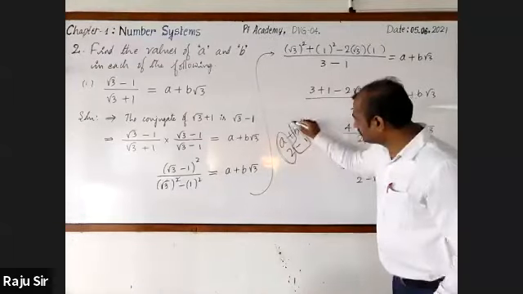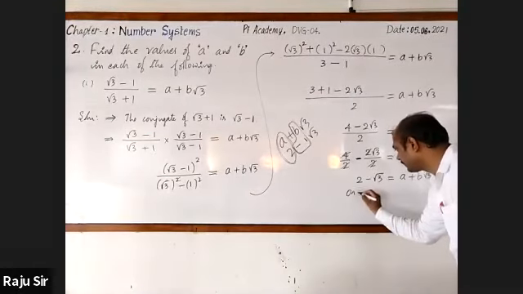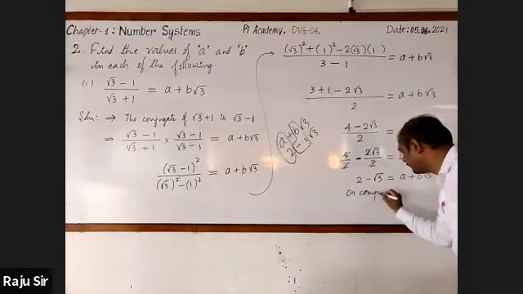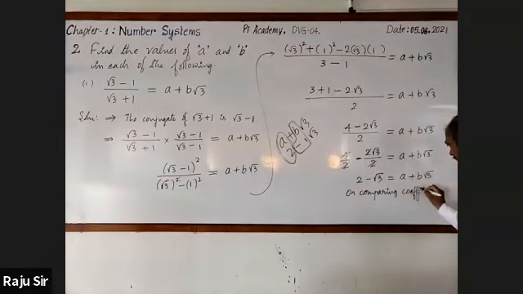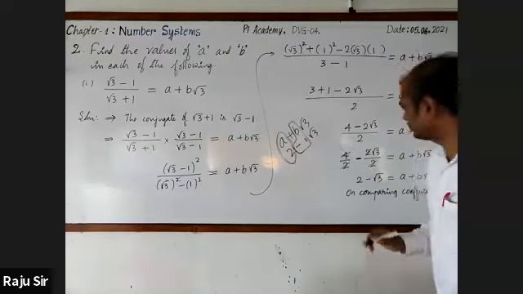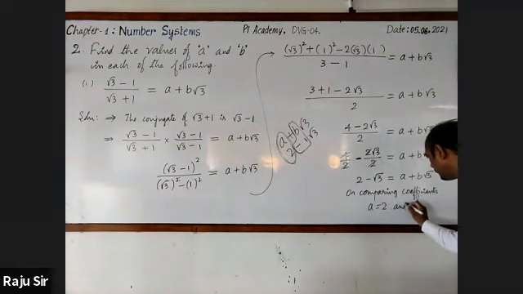A value is 2. In place of B, minus 1. So B is minus 1. So on comparing coefficients, A is 2 and B is minus 1.